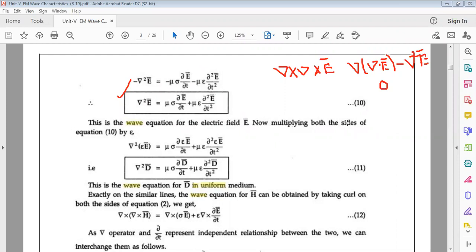Okay. Now multiplying both sides of equation 10 with epsilon, we get epsilon del square E bar is equal to mu into sigma, and we simply change that E bar to D bar. The relation between E bar and D bar is that D bar is equal to epsilon into E bar.